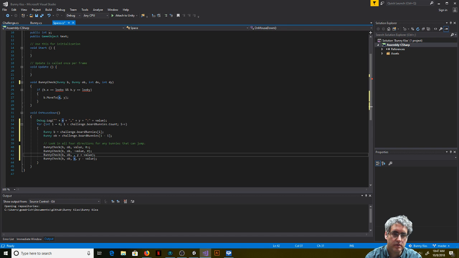Negative value 0, 0. Okay, so I am trying to go in a certain direction, and I can't go in the other direction, so I need to compare my B and OB.